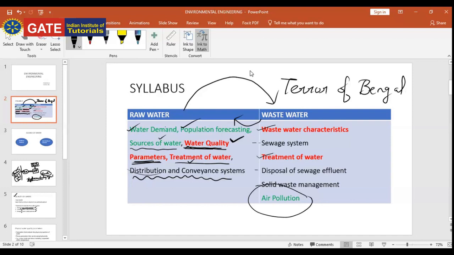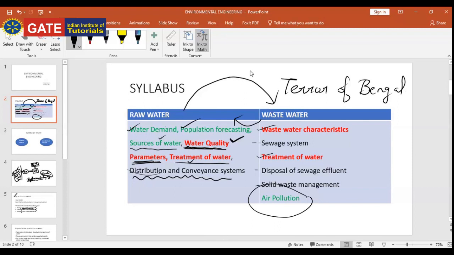If I collect wastewater from a residential area and bring it to an outlet, that water will be entirely different from that of the industrial area, and different from other areas too. So depending upon the application of water, the wastewater characteristics will also change.